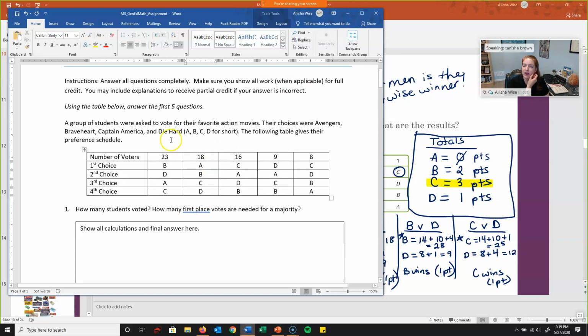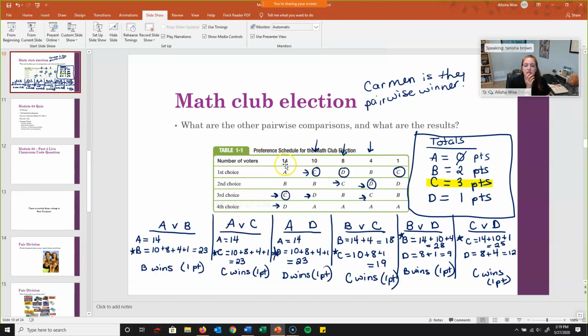Okay, so I think I see what happened. Let's talk about this example and go through that again. When we were coming up with the groups, it didn't have anything to do with the way the chart was laid out. It was all the ways that we could combine A, B, C, and D. A versus B was first just because I decided to put those together. It didn't matter what was first on the chart.